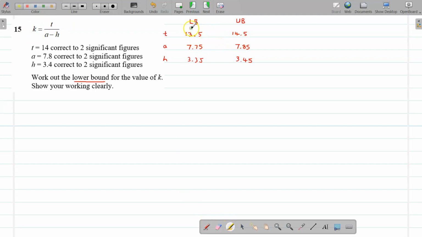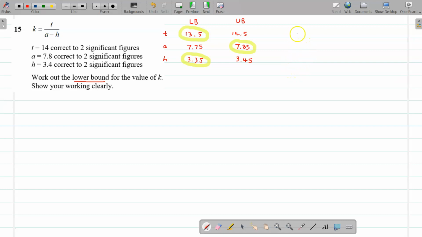Okay, so that's this one we use, because that's on the numerator. And the gap between these two must be as large as possible because it's a subtraction. Okay, so we need to start with the largest possible A and the smallest possible H. So they're the three values that we're going to use in the equation.